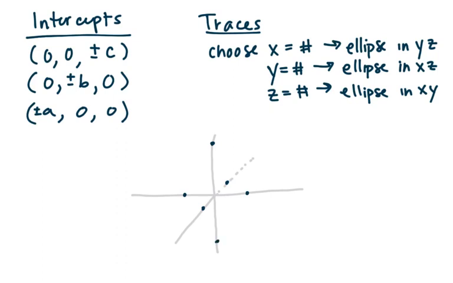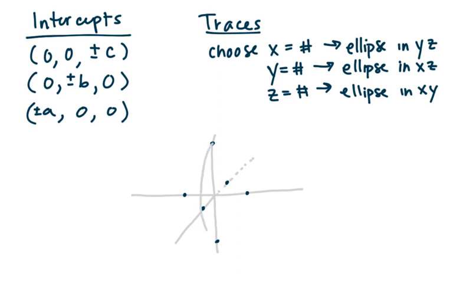So what we want to do is think about drawing each of these 3 ellipses. The first ellipse, we can think about an ellipse in the xy plane, right there. We can think about an ellipse in the YZ plane. And then this one's the hardest, an ellipse in the XZ plane right there. So I'm going to draw those 3.